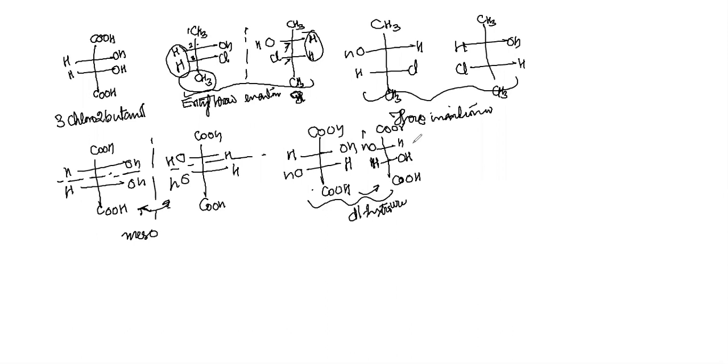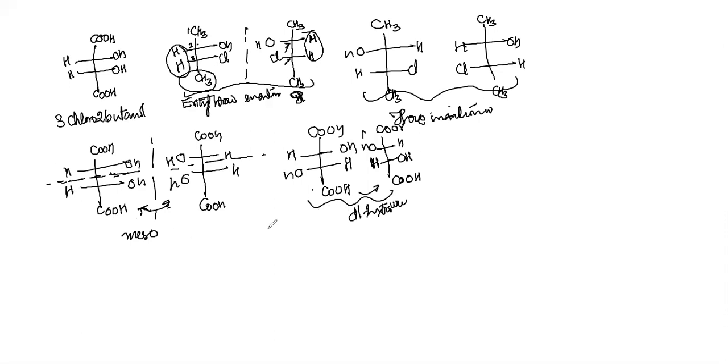Meso compounds have got a plane of symmetry, and that is why a meso compound is optically inactive. It has got two chiral centers, but still it is optically inactive because of this.